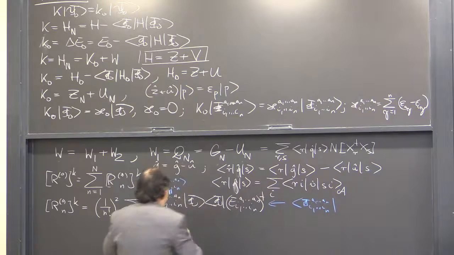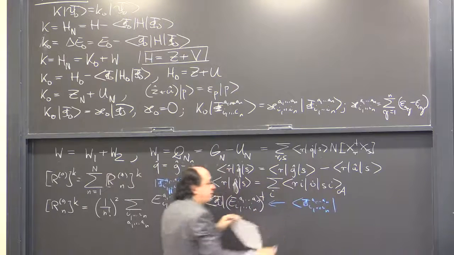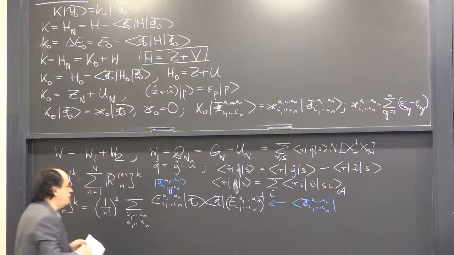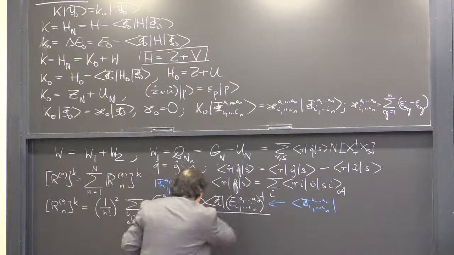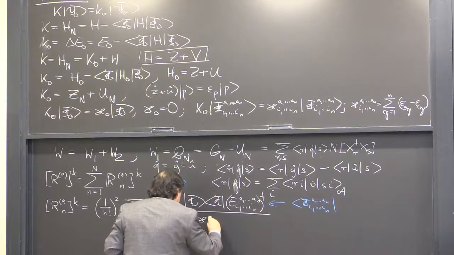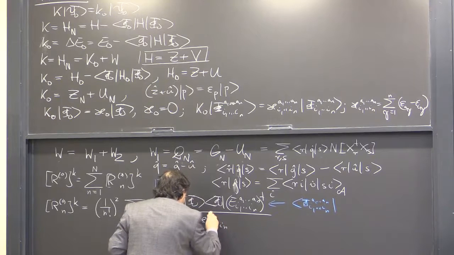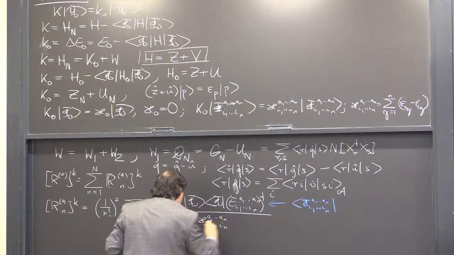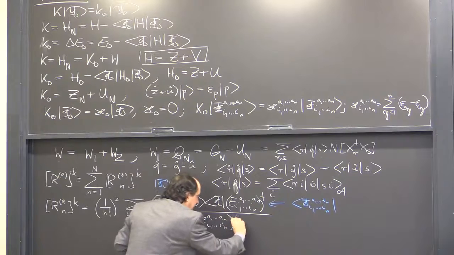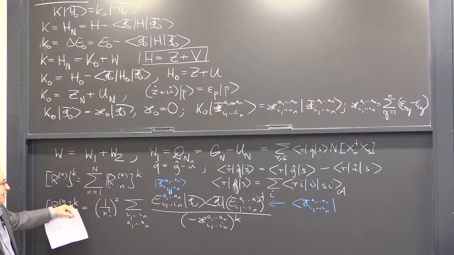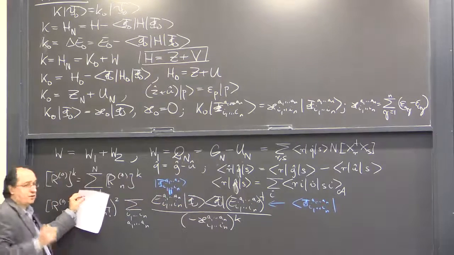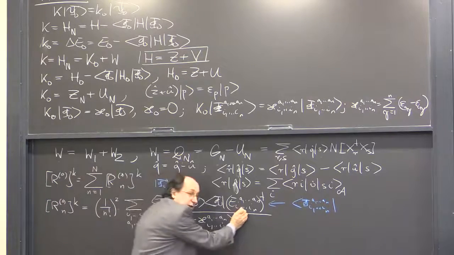So the ket and the bra come from the projection operator in the numerator of the resolvent, and in the denominator we have minus chi I1 through IN, A1 through AN, to the k, if your power here is k. If the power is 1, if you just look at the resolvent, then of course you just have the denominator.